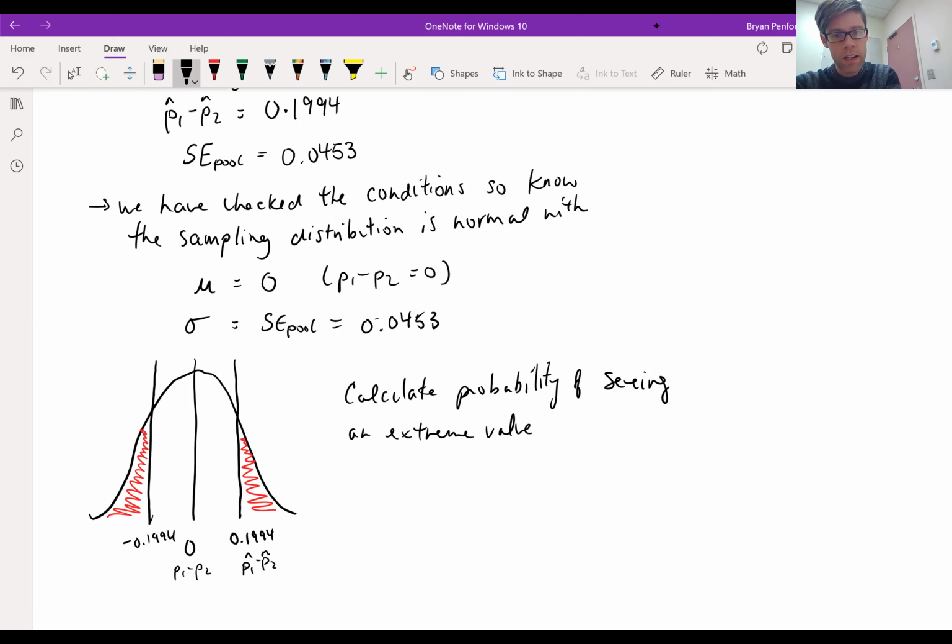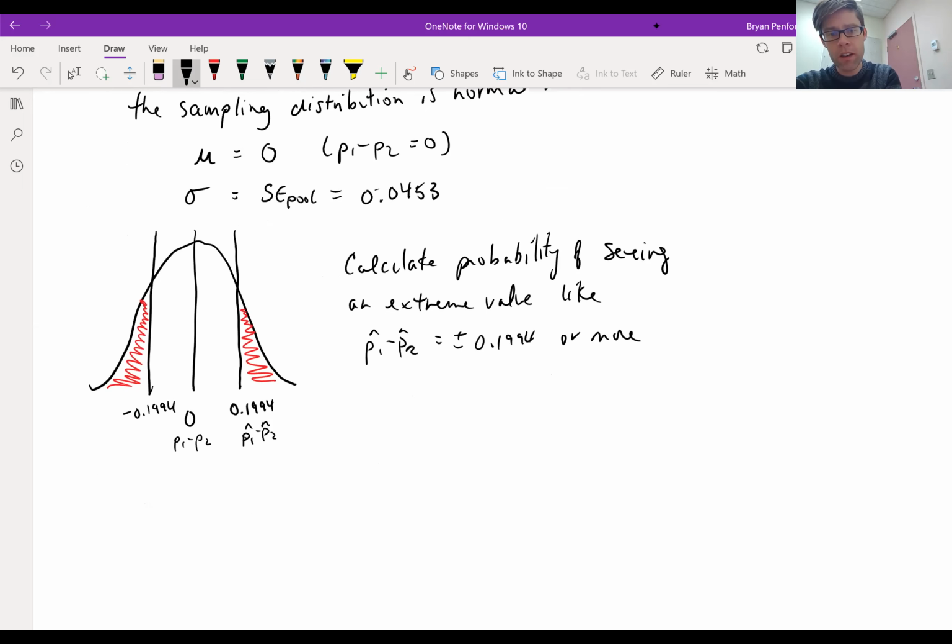Okay, calculate the probability of seeing an extreme value like P1 minus P2 equal to plus or minus 0.1994 or more. This is a standard normal distribution, so we can do this in a straightforward way using the normal CD function.